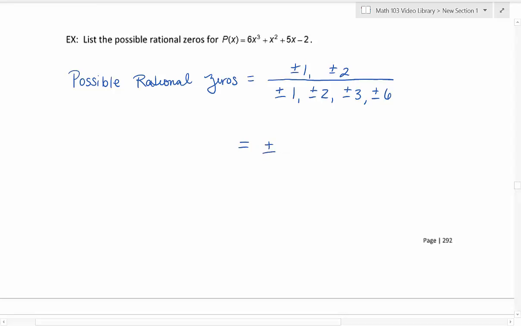So let's walk through why that might happen. If I take a positive from the top and a positive from the bottom, a positive divided by a positive is a positive. If I take a positive from the top and a negative from the bottom, a positive divided by a negative is a negative.